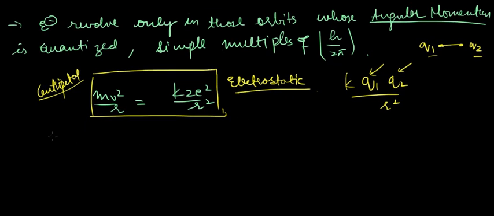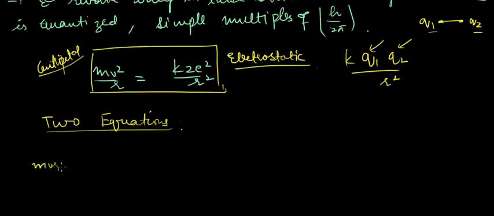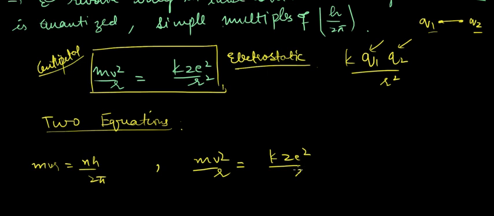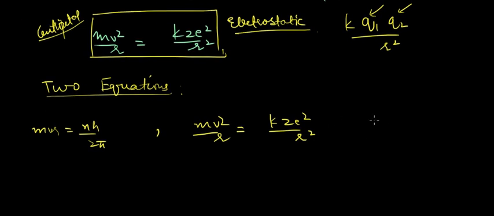Now we have got two equations. One is mvr equals nh upon 2 pi, and the second is mv square upon r equals kze square upon r square, which can be rewritten as mv square r equals kze square.